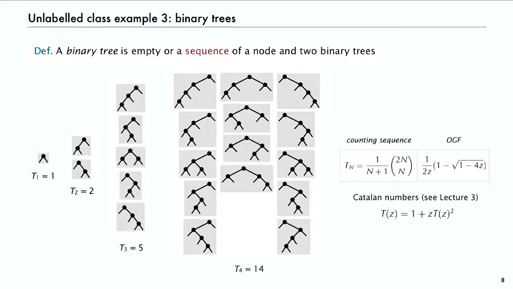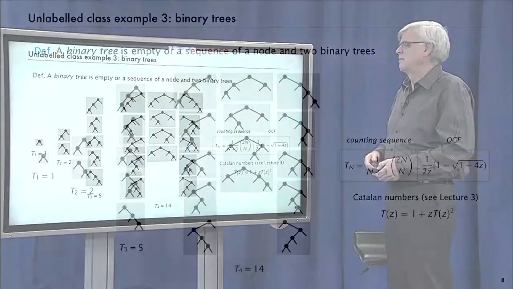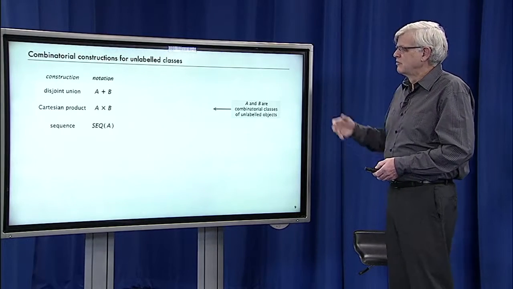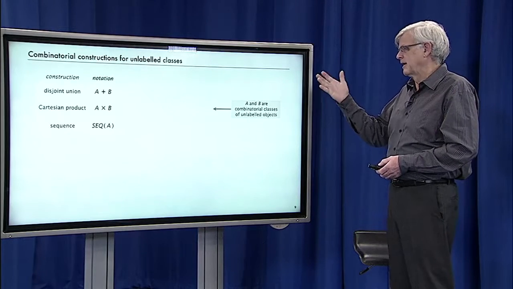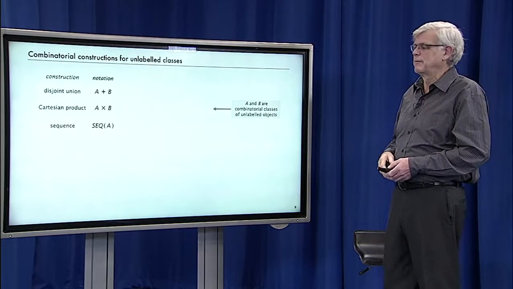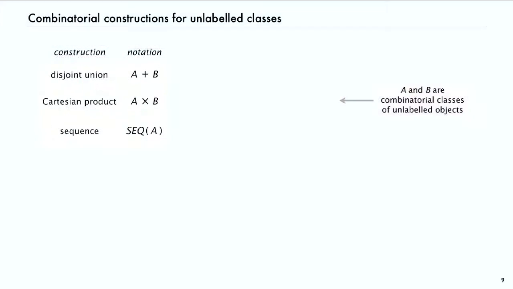And now I want to show constructions and how we build those things. For unlabeled classes, and again, I'll talk about the distinction with labeled in a minute, we're just going to use 3 different constructions. If A and B are combinatorial classes of unlabeled objects, then we have the disjoint union, the Cartesian product, and the sequence operations.